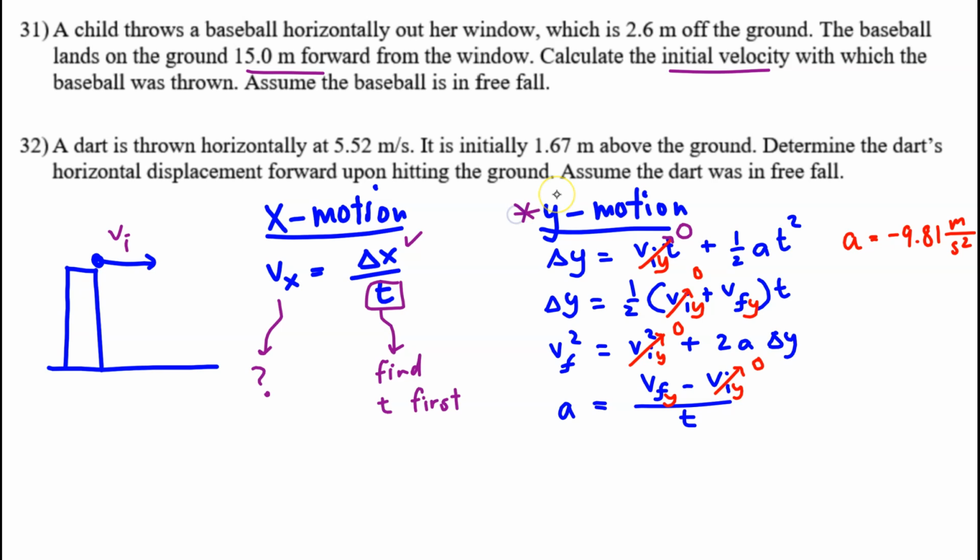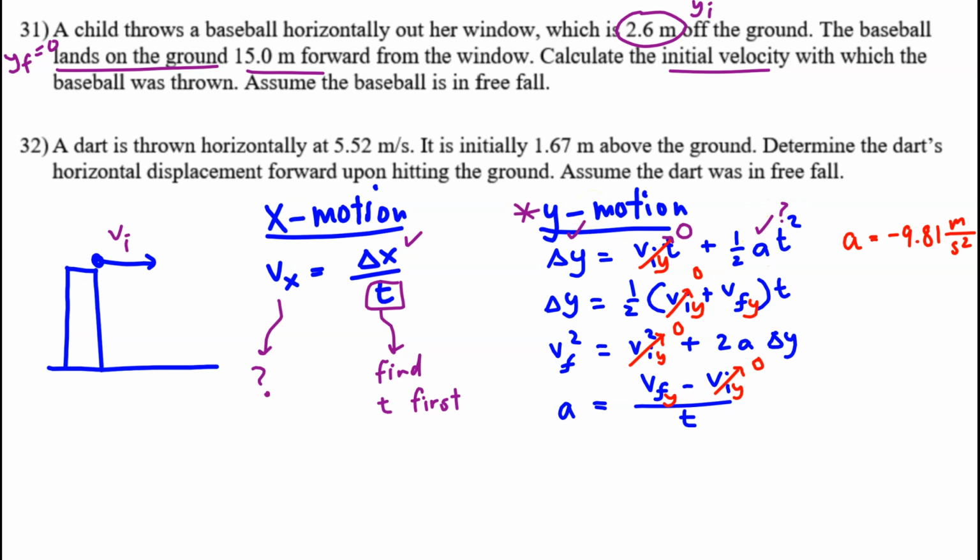Look at the y-axis motion. So if we look at the y-axis, what do we know? They've given us the initial height, y initial, and they said it lands on the ground, so we know y final is 0. If you do final minus initial, we know delta y. We also know the acceleration.